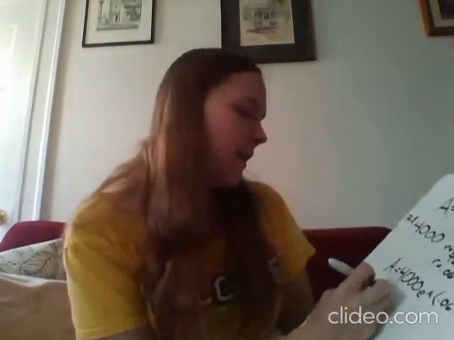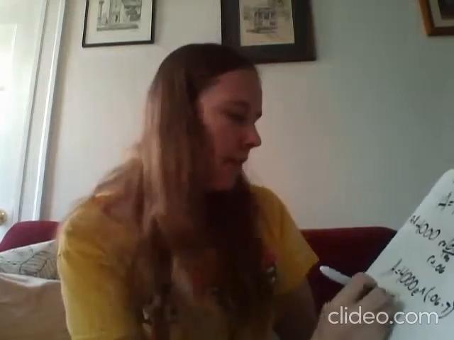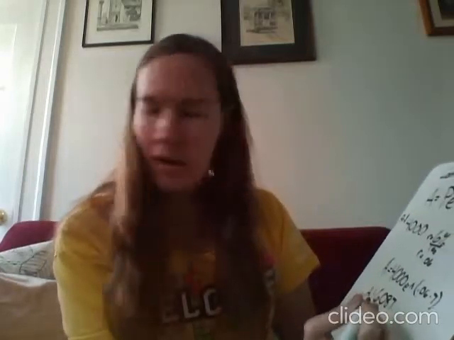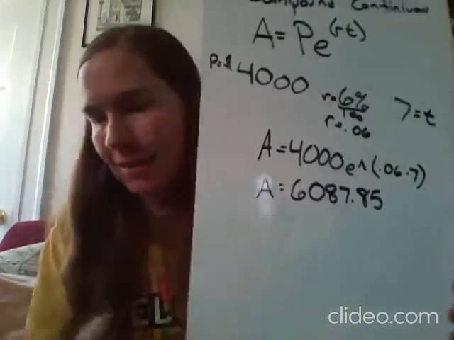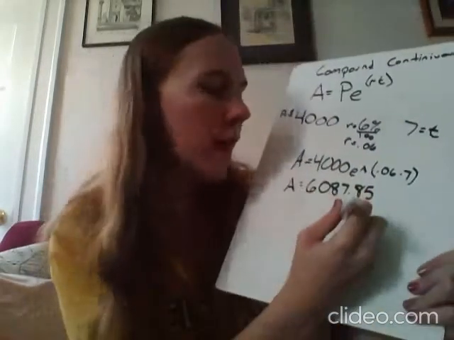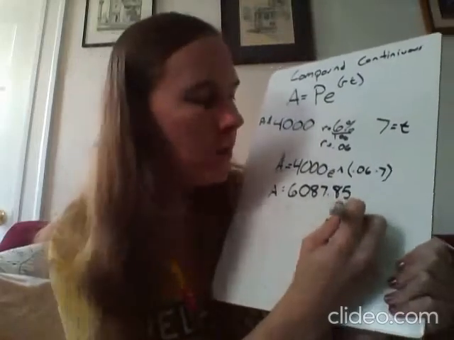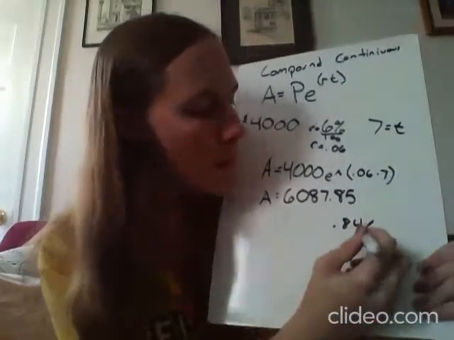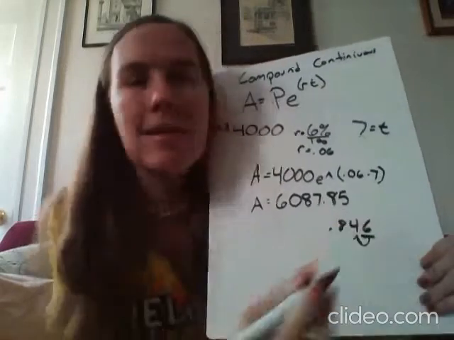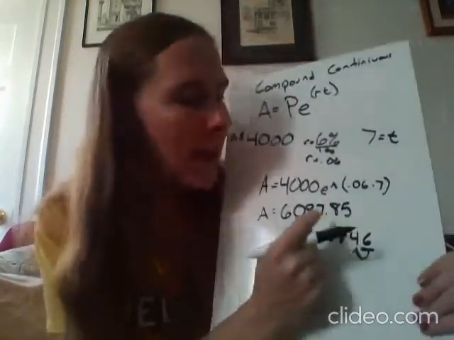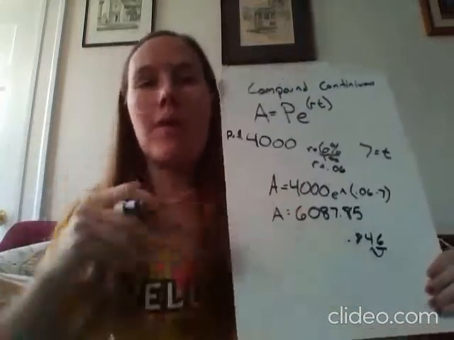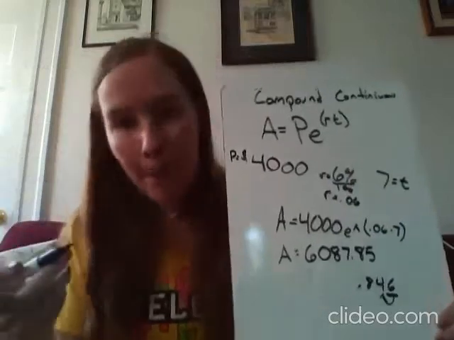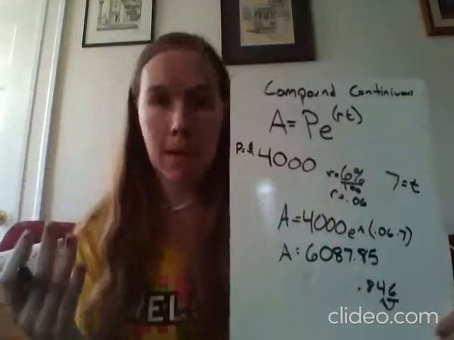In this case, I would get A equals $6,087.85. If you put it in your calculator, you'd have gotten 0.846, but remember with rounding, because this is a 6, you round this up to a 5. This is just a little bit more than daily, but it proves our point that the more you continuously compound, the higher that's going to be.